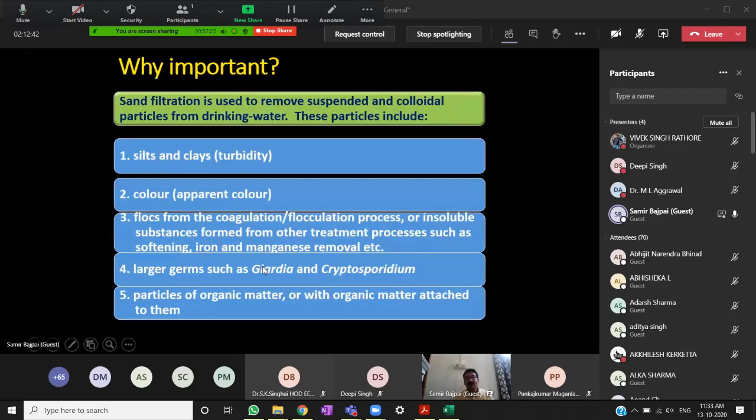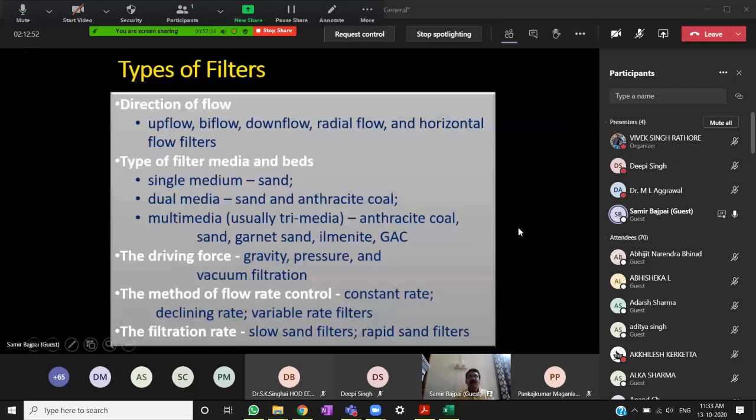So nowadays filtration, particularly for surface water treatment, is a compulsory step. And any other particle of nature will also be retained by this sand media. There are different classifications of filters based on direction of flow. You can have an upflow filter, when water is coming from the bottom and treated effluent is coming out at the top.